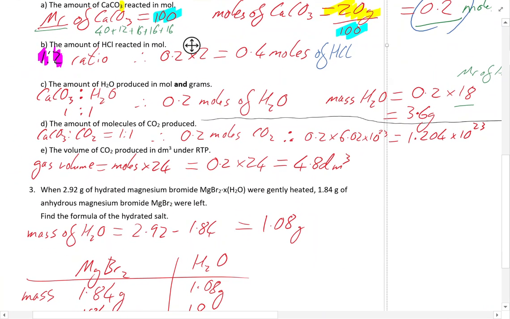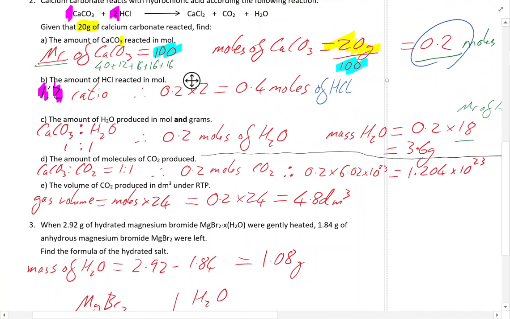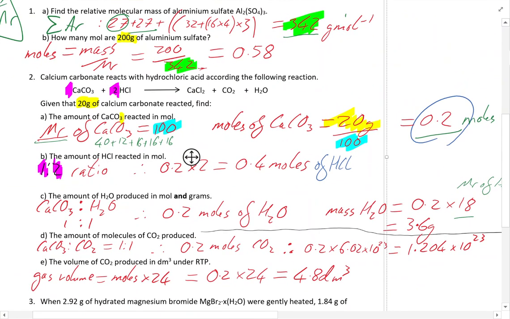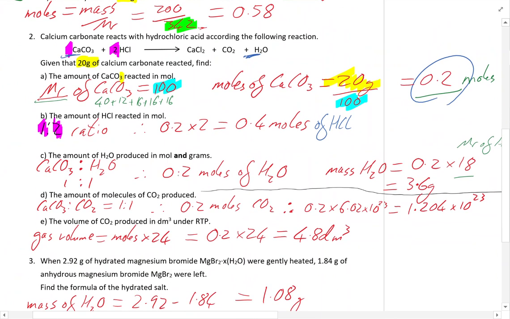The amount of H2O, question C, the amount of H2O produced in moles and grams. Well, this is a 1-to-1 ratio. If I take my 0.2 again, going back to my equation, that's a 1-to-1 with H2O. So H2O is also going to be 0.2 moles.